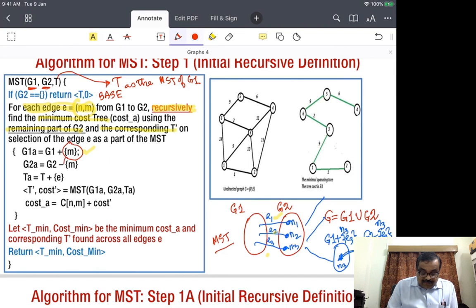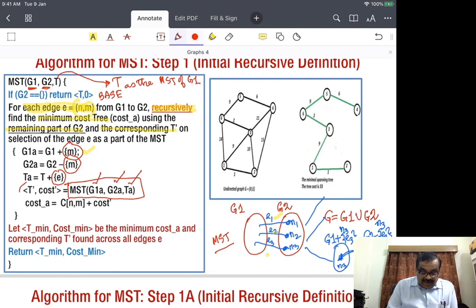We remove M from G2. We add the edge E to T, and we recursively call it on G1A, G2A, and TA.